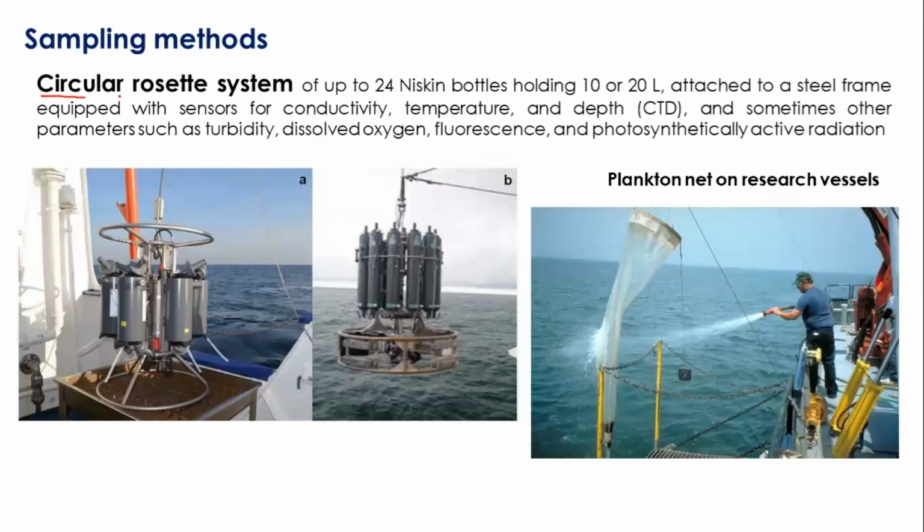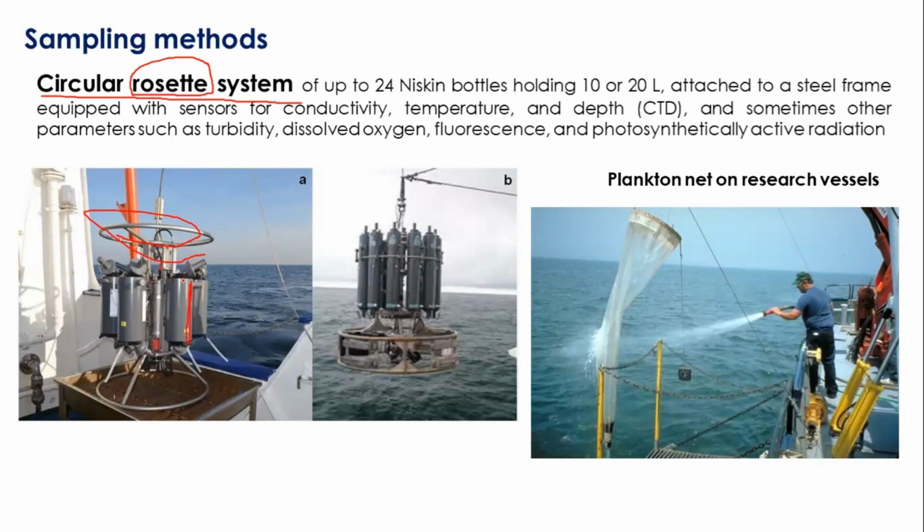When you are going in the open ocean on the research vessel, you have something called a circular rosette system, also called a rosette. This rosette looks something like this, a circular system where you have Niskin samplers. In the past slide, I showed you a Niskin which has both ends open, and once it goes to a particular water level you want to collect, you can close it, right?